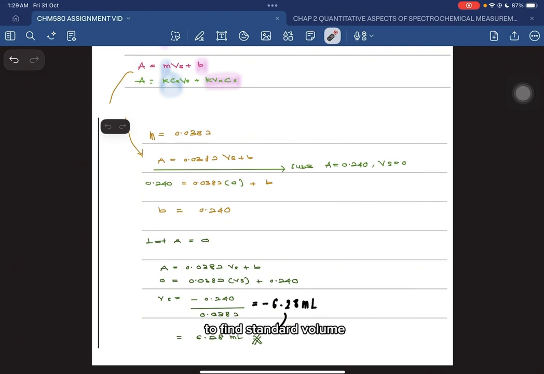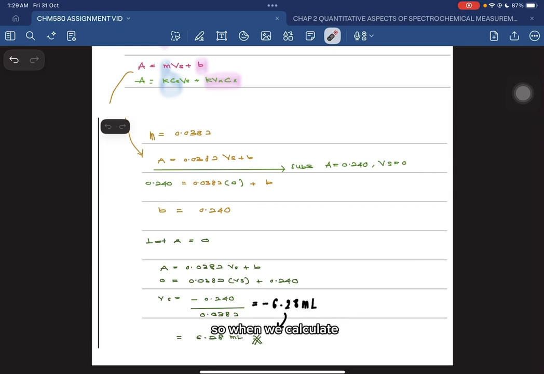To find the standard volume that corresponds to zero absorbance, we set A equal to 0 in this equation. So when A is equal to 0, we substitute all the information given, which is b equal to 0.24, which comes from here, and the slope is 0.0382, obtained from the graph.